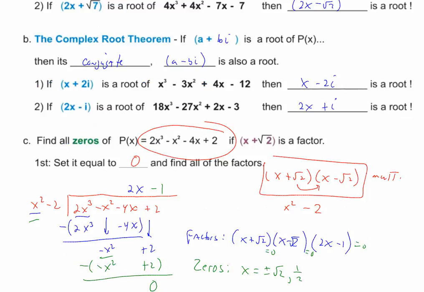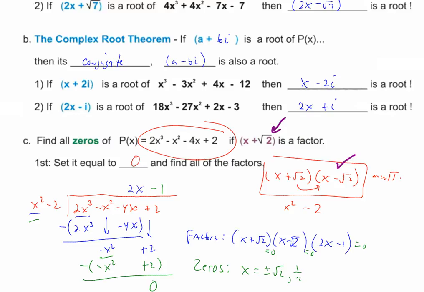Okay, that then led us to the concept of trying to find all the zeros. And so we had an example here. We're trying to find all the zeros, and they gave us help. They told us that x plus the square root of 2 was a factor already. Because we knew it was a factor, we knew its conjugate was a factor.